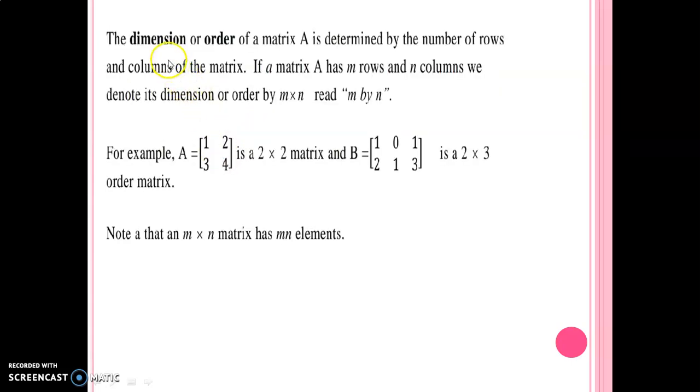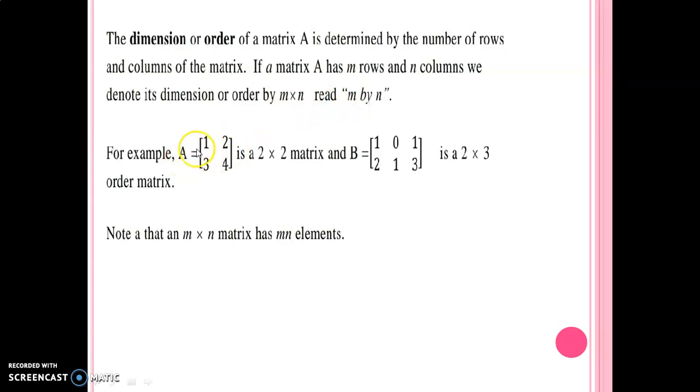Next is the dimension or order of a matrix. It is determined by the number of rows and columns of a matrix. If a matrix A has m rows and n columns, then we denote its dimension or order by m cross n, and we read it as m by n. Let's take an example.